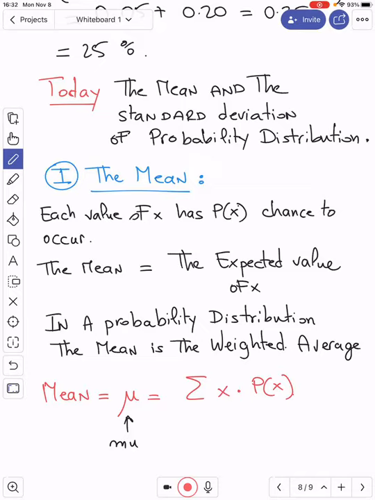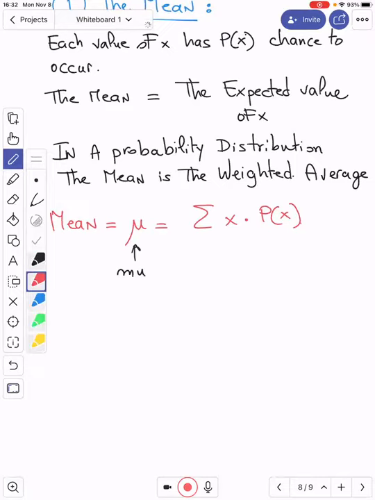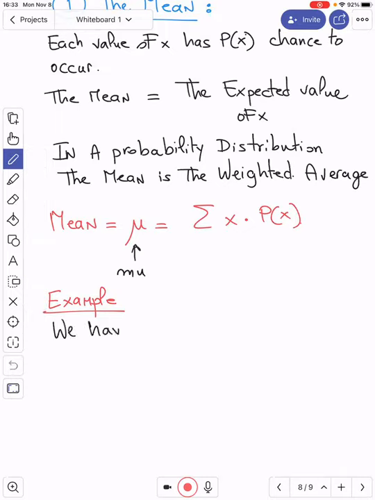All right, so for example, I'm just going to use the same example as the exercise. We have these 100 committees, and we got the following probability distribution.